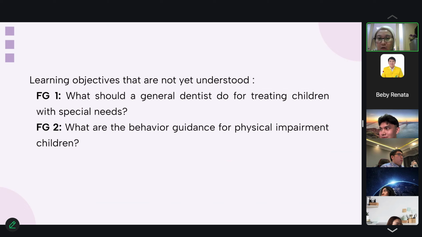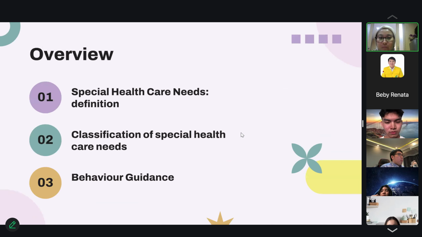The unanswered questions are about what the competencies of general dentists are for managing special needs patients, and also what the behavioral guidance is for physically impaired children.